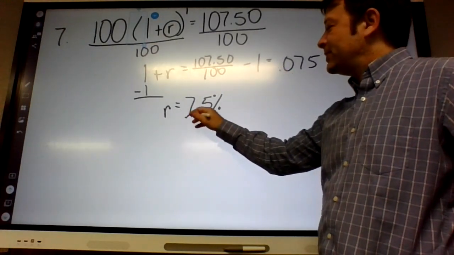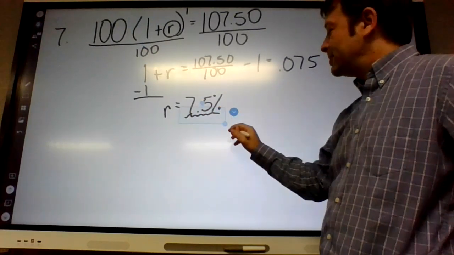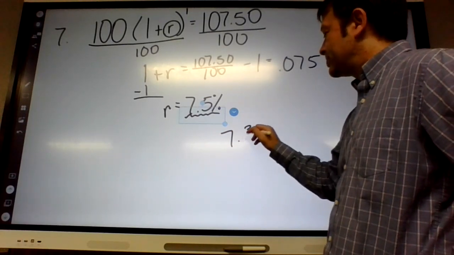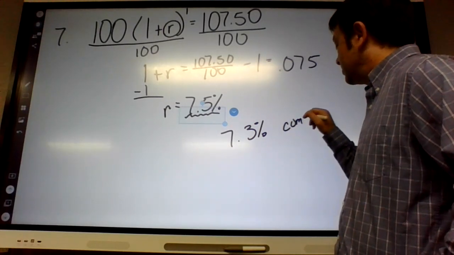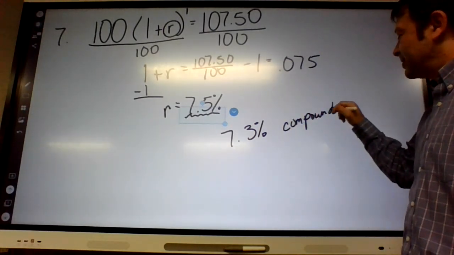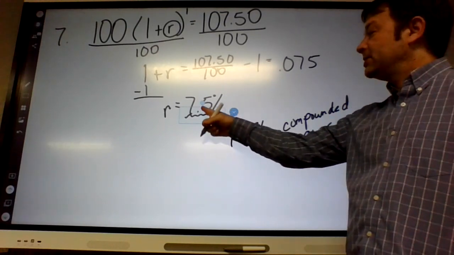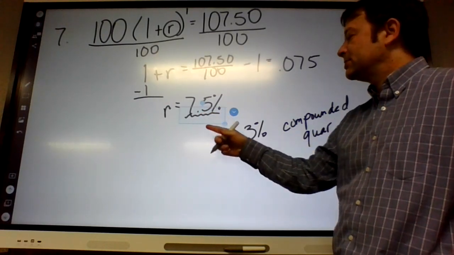And effectively, though, you're just getting 7.5% interest. So they probably said something like, we'll give you 7.2% or maybe even 7.3% compounded quarterly, which just makes your interest a little bit better. So we ended up getting 7.5% in simple interest terms.